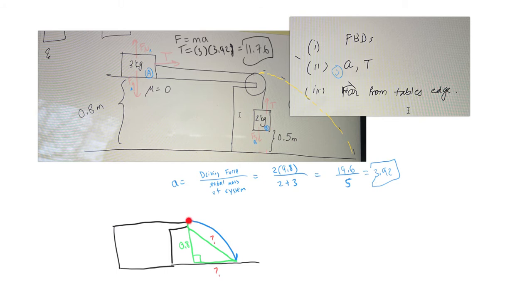Because whatever the final velocity is when it hits the ground, that velocity will remain constant as it goes off the table. So the final velocity when this hits the ground is going to be the same as the original velocity as it leaves the table. That's where my mind is going with it.